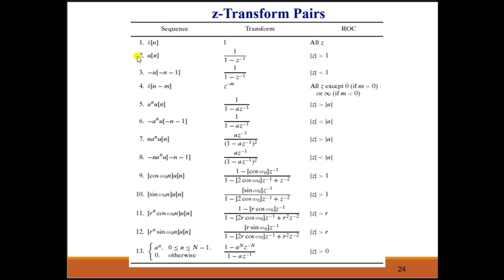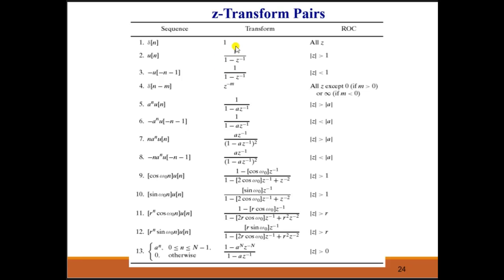Okay, so you see these several Z transforms. You don't have to remember the definition, you can just simply refer to the table. Now if you look at lines 2 and 3, the sequence is different but the Z transform is the same.